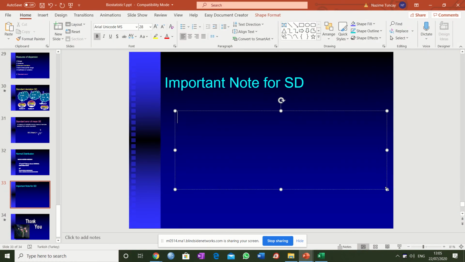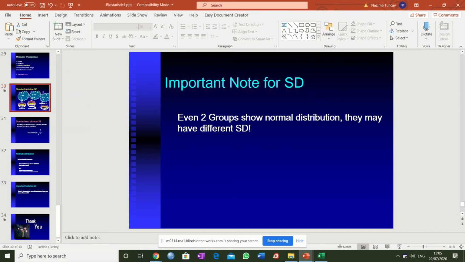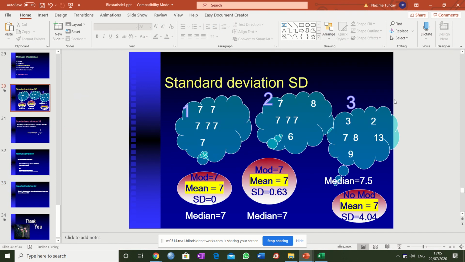So even two distributions or two groups that show normal distribution may have different standard deviations. This is the keynote, the important note of today's course. So standard deviations may be different.